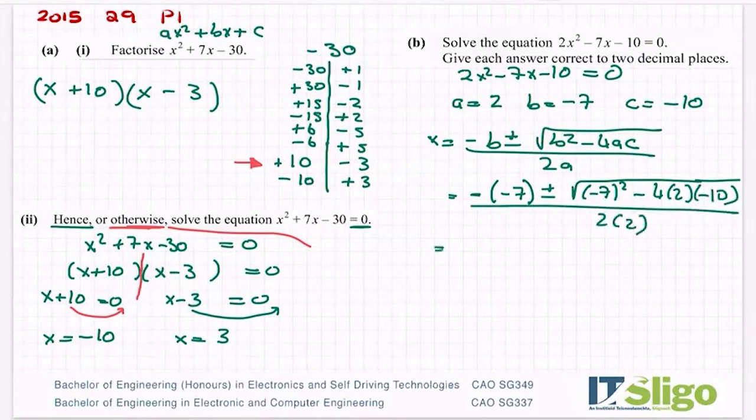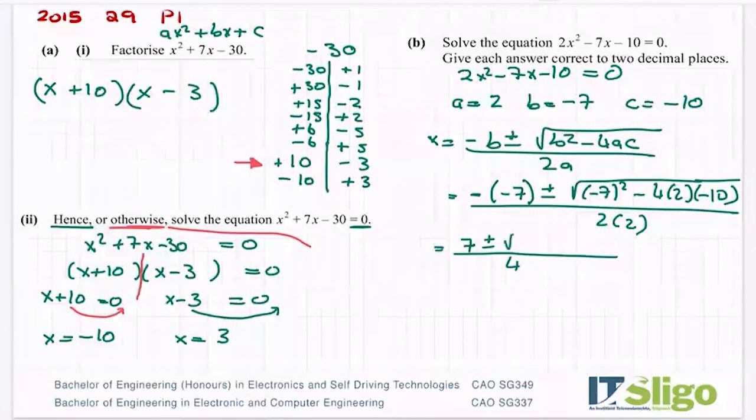Okay, so minus 7 is a plus 7. Okay, and on the bottom then 2 2s are 4. And then into my calculator I hit the square root of bracket minus 7 squared minus 4ac, and I've got root 129. So you can see I didn't get a nice even number like I did the last time.